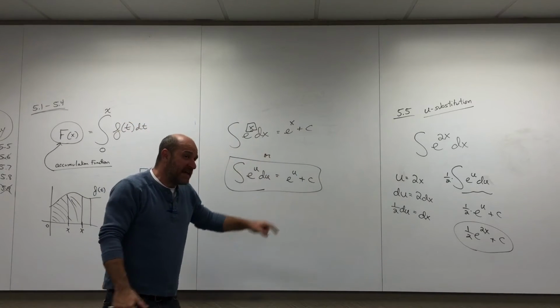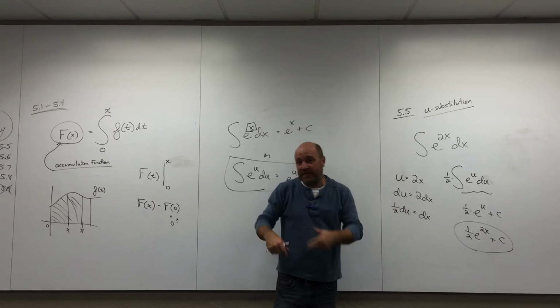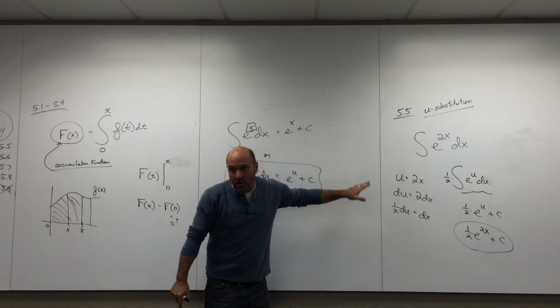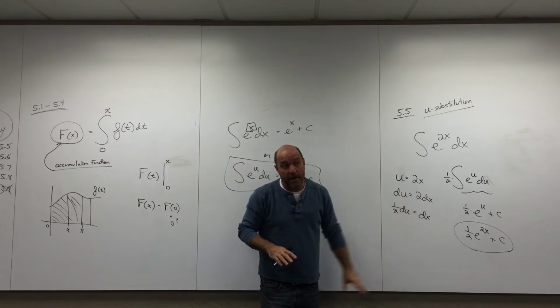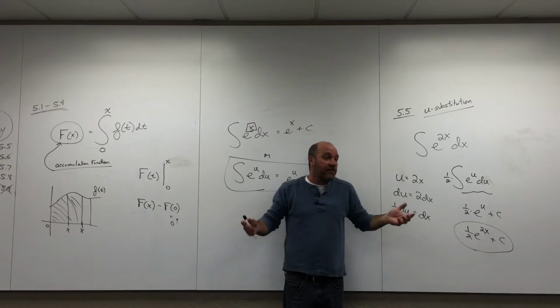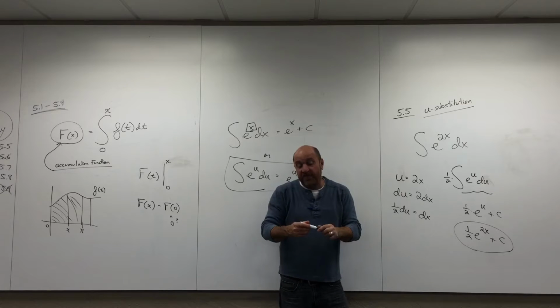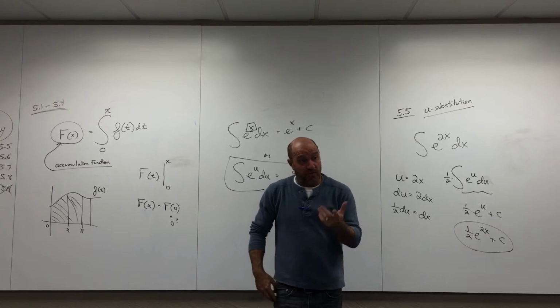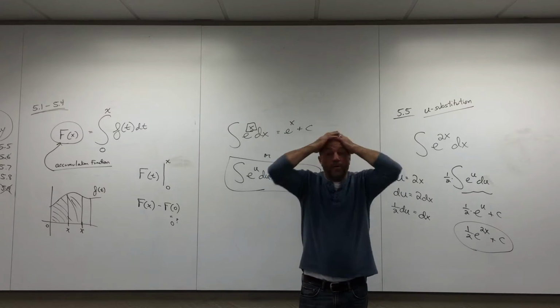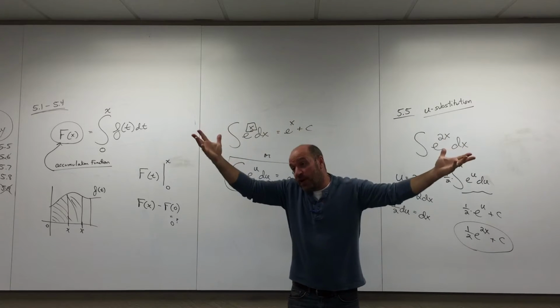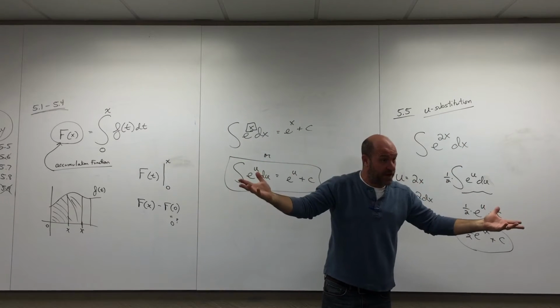And that's the process, and I really want you to know the process. I'm showing you the process. This is a real baby one, and in a day or two, you're good at this, and you probably can do this in your head. And one way to think about it is as a reverse chain rule. Listen, if you were doing a derivative, you would spit out a 2 from the chain rule.